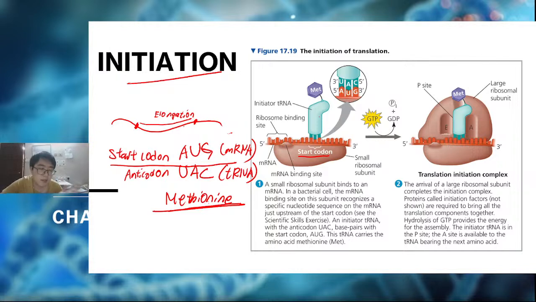So this is the same as transcription. The definition: initiation is to determine the position where to start. Elongation is the process of synthesis of the polypeptide chain, and finally termination is the place to stop the polypeptide formation and release the polypeptide from the mRNA and also the ribosome.